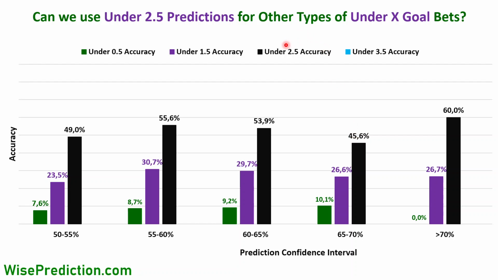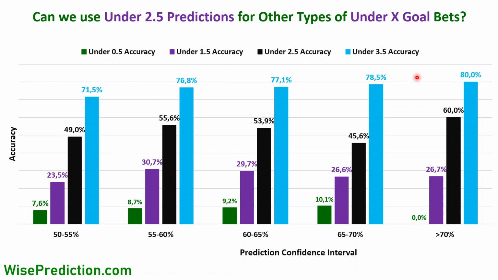If we have a look at the under 2.5 accuracy, which is actually what we have predictions for, it is 49%. It starts at 49%, 55%, 53%. It goes down to 45 and 60% again. What about under 3.5 accuracy? Numbers look much, much better.